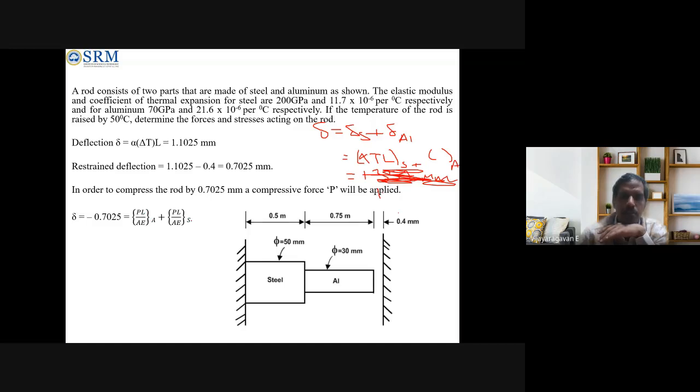For aluminum and steel, because aluminum is also going to compress, steel is also going to compress by this compressive load. Using this relation, we know the length, we know the area, we know the Young's modulus. So the unknown value is P. So calculate what the load is. Do it first.